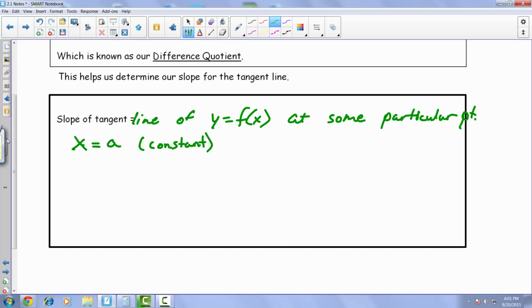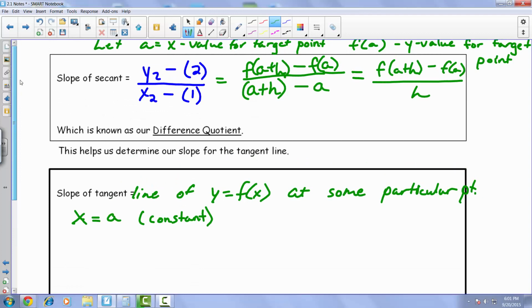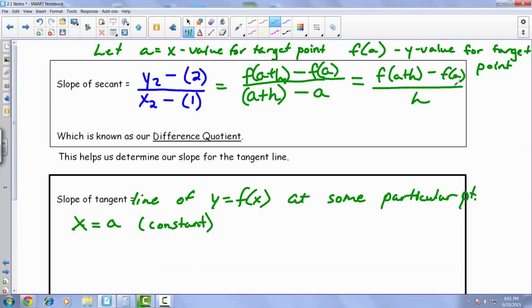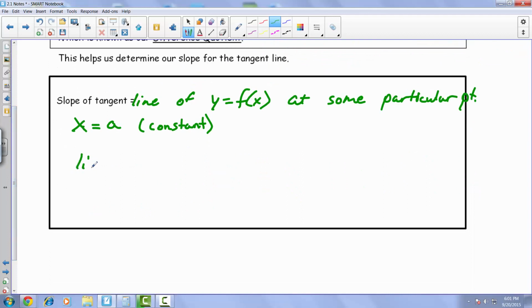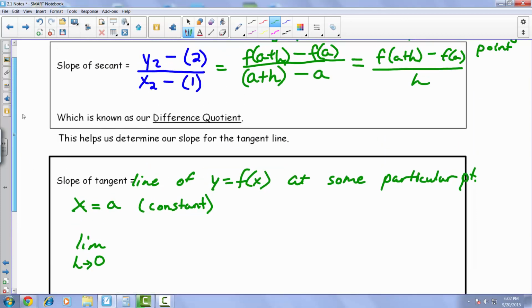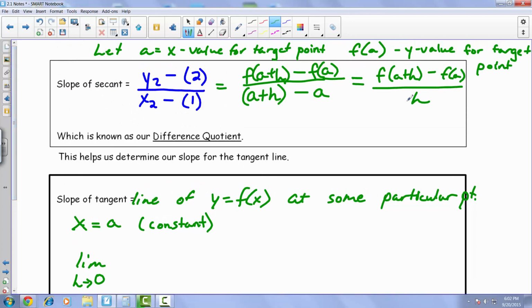Then it's pretty similar to our secant. Again, it's that idea that the h value is approaching 0, where you end up with basically no distance away from your target point, because that's what this h value represents: the distance in your x value that's away from our target point.